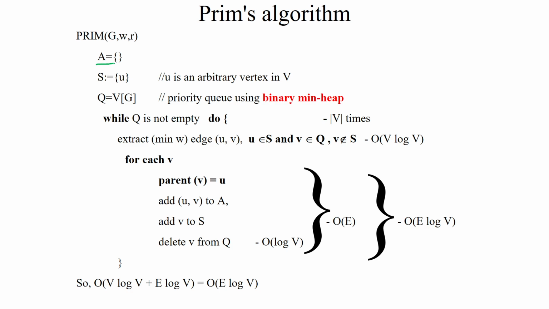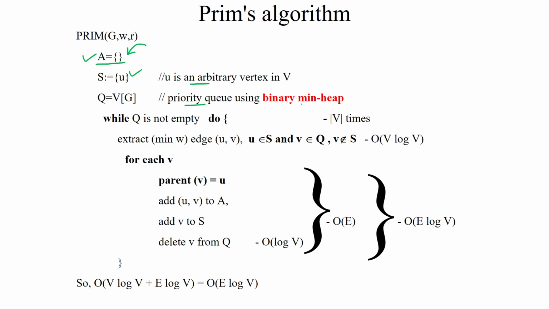So initially we take the set A, which is an empty set, that means the set of edges. Then we take any arbitrary vertex, randomly selecting a vertex from the given vertices, and that is assumed as U. Here we are using a priority queue to select the minimum weight edge.